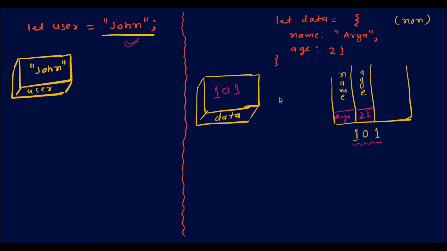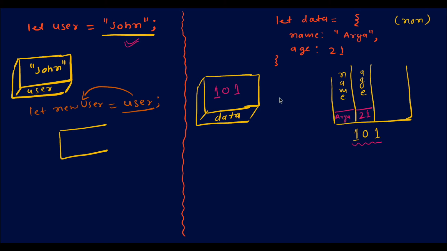Let's go ahead and do some kind of operation on it. To do that, let's create another variable by saying let new user is equal to user. What we are trying to do here is that the value of user will be copied inside the new variable new user. For that, we will have to create a new box.